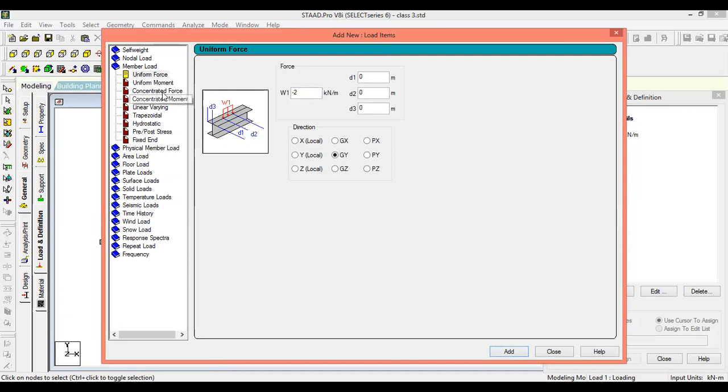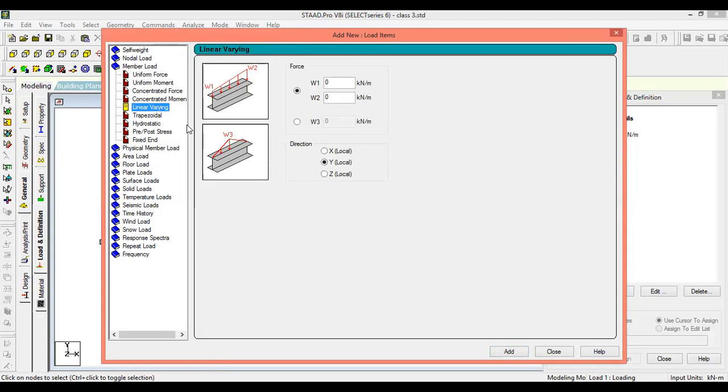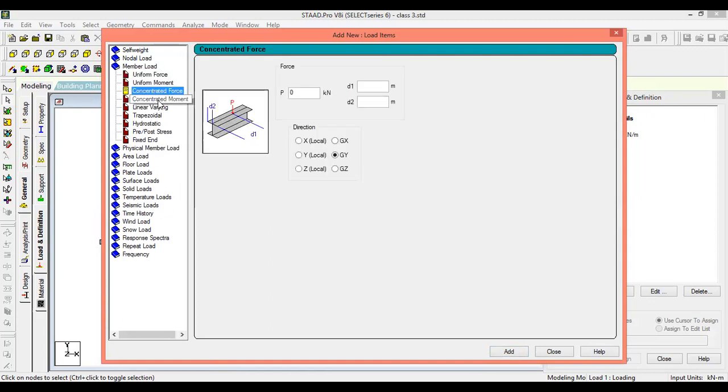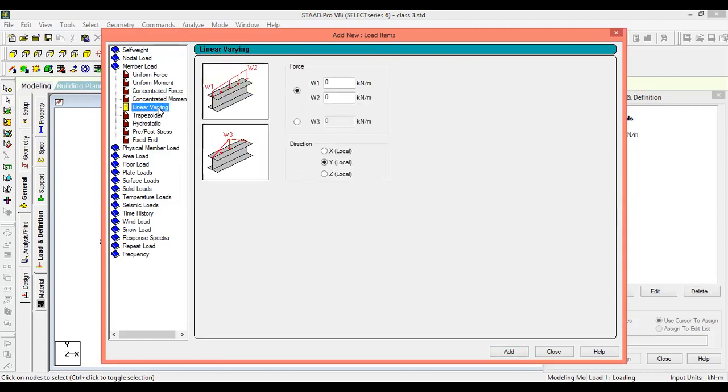So for that you should go to the linearly varying. So what you should do here is, let us take this trapezoidal instead of linearly varying, because in the case of linearly varying you don't have the breakup.